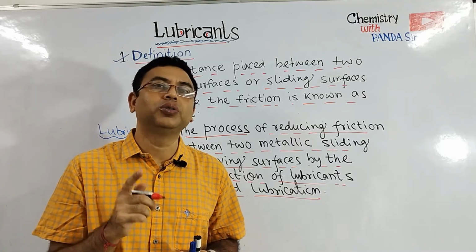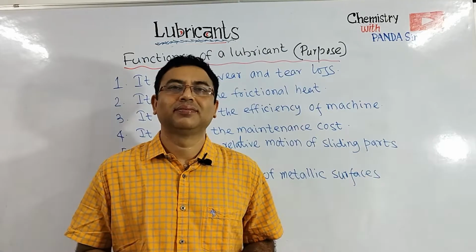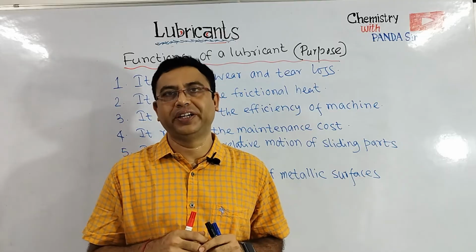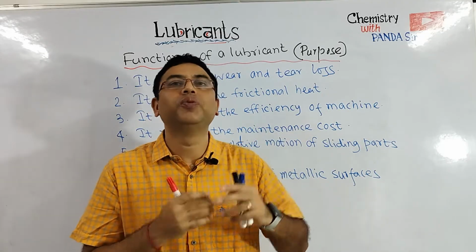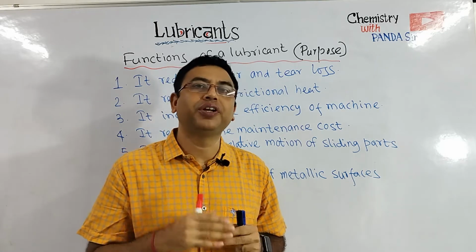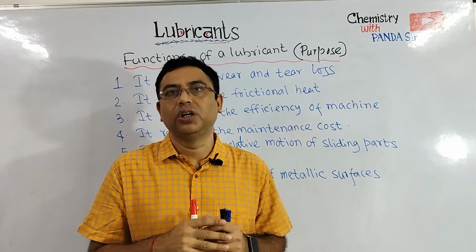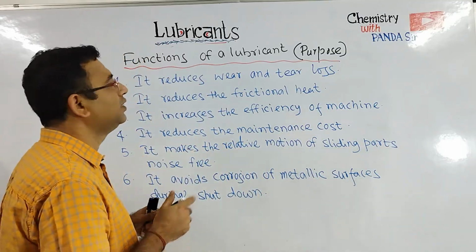Okay, so with these two definitions we are stopping here. Now let's see what exactly the purpose of a lubricant is. So let's talk about the functions of a lubricant. We are applying a substance between the moving surfaces which reduces the friction. We already understood this. Now what are the other functions or purposes served by this lubricant? Let's discuss that.